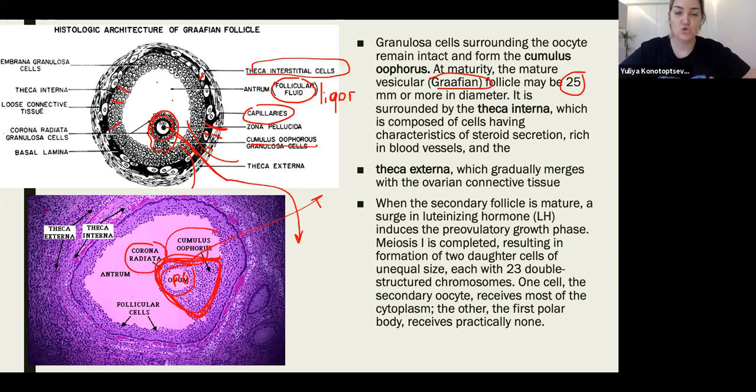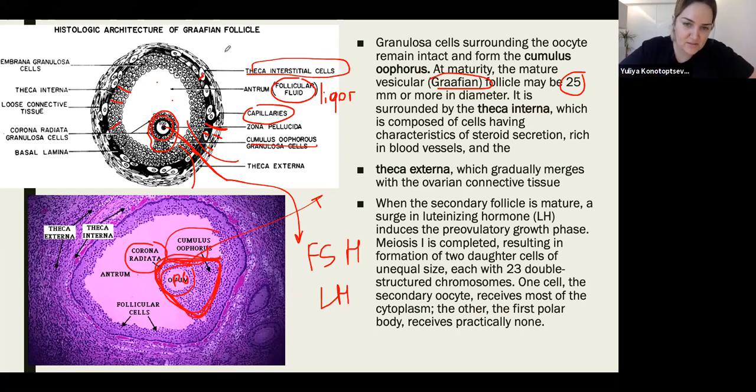Two things you need to remember. We have two hormones. We have FSH and we have LH, right? We have just talked about them. We said that FSH has a job of stimulating your follicle to grow, to reach this final, tertiary stage. But you're going to see that it has an additional function.